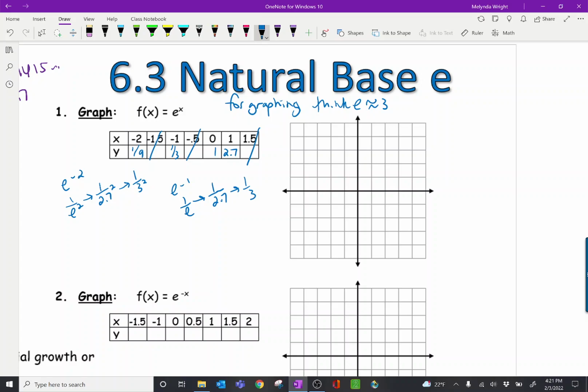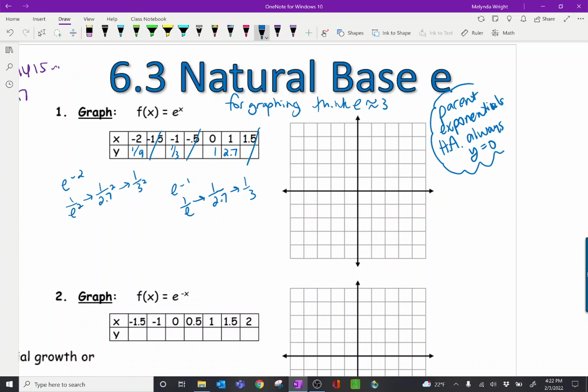So the parent exponentials have a horizontal asymptote. I'm just going to abbreviate it as HA, horizontal asymptote. It is always y equals 0. Okay, so that's for the parents.